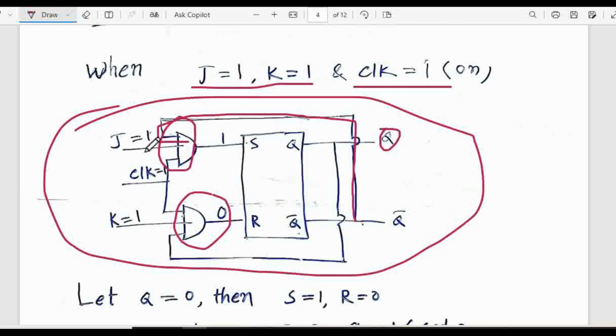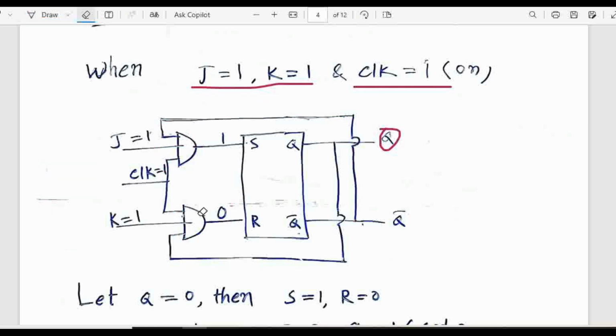So j equal to 1 and clock is also 1, and we are giving 1 coming from Q bar. So the AND gate result is also 1. So in this condition, s equal to 1 and r equal to 1.